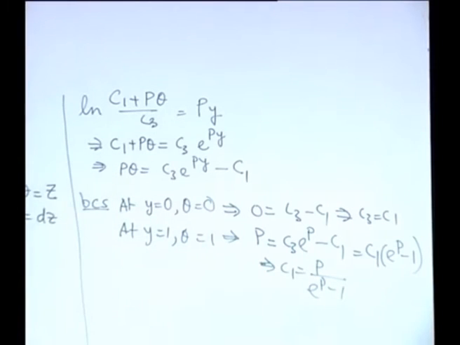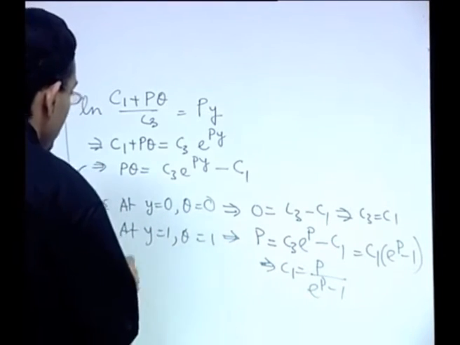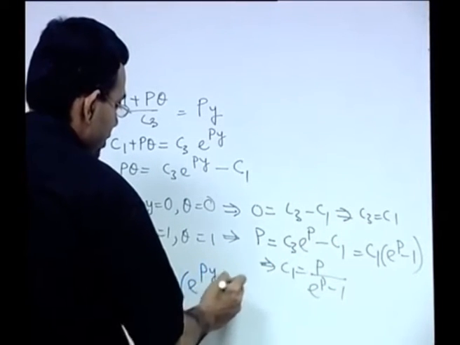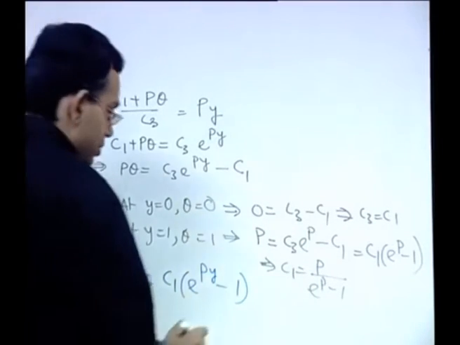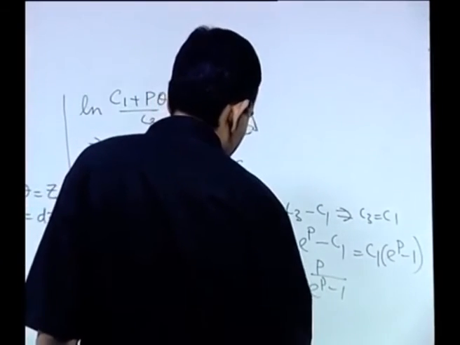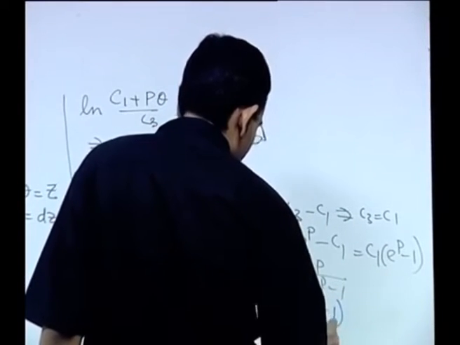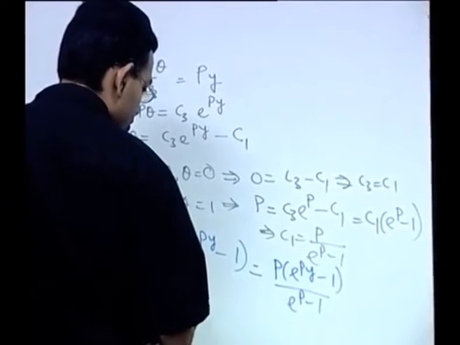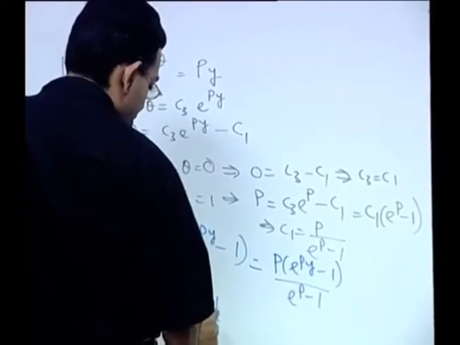So, this we can use in this solution. So, P theta is equal to C1 times (e to the power Py minus 1). In place of C1 you can write P by (e to the power P minus 1). So, P times (e to the power Py minus 1) by (e to the power P minus 1). Hence, the solution is theta equal to (e to the power Py minus 1) by (e to the power P minus 1).